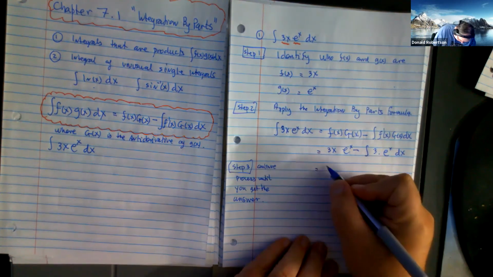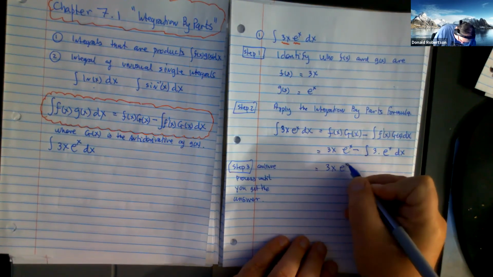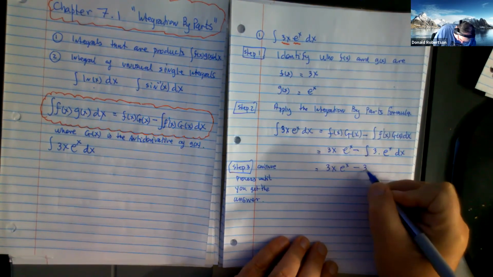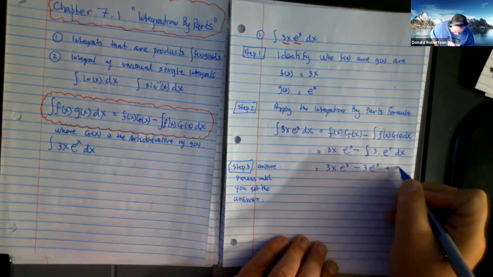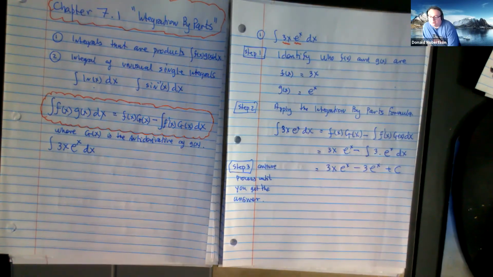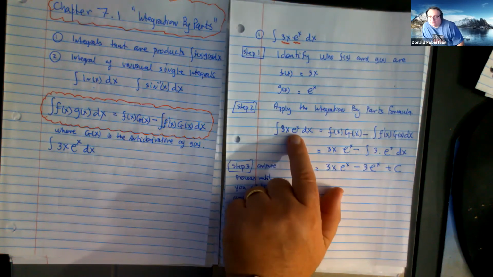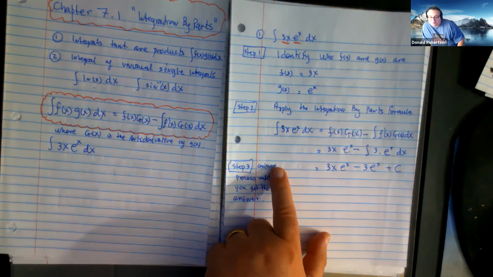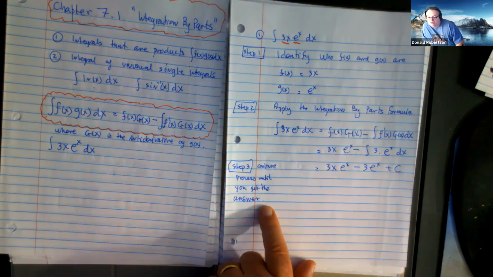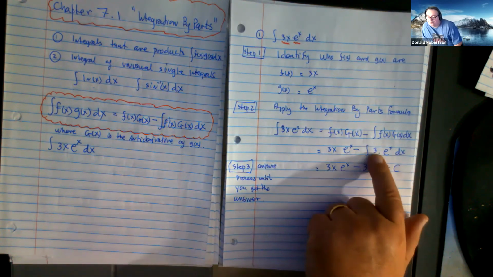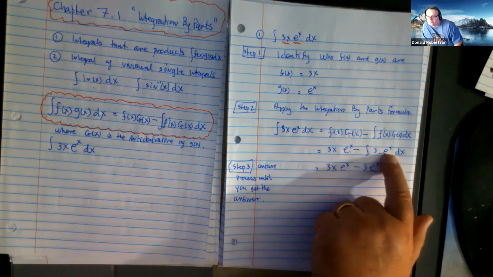So I'll continue my process. And what do we get? We get that guy with our C, and we are finished. So we now have a way of integrating 3x e to the x. Continuing the process until you get the answer didn't really happen here because we were pretty much finished, as this integral was doable.